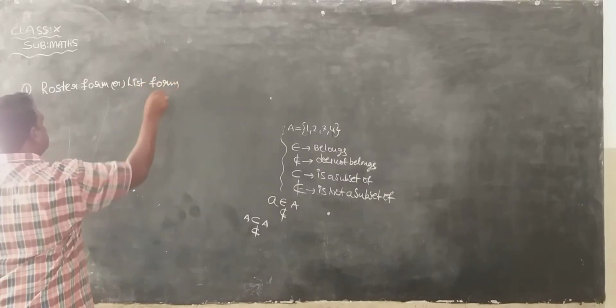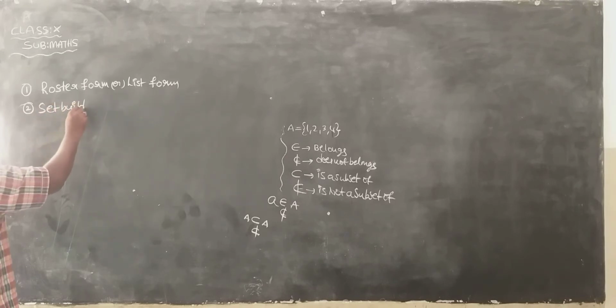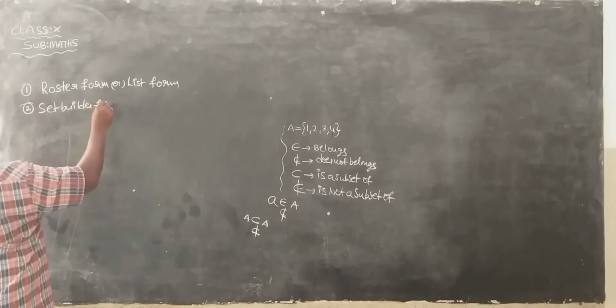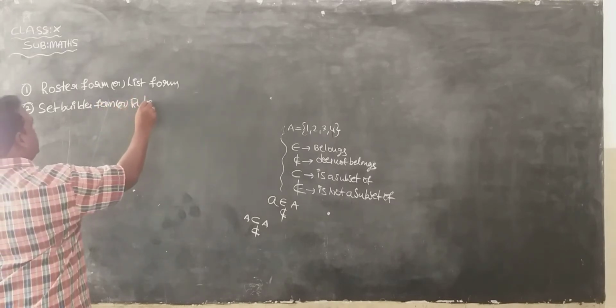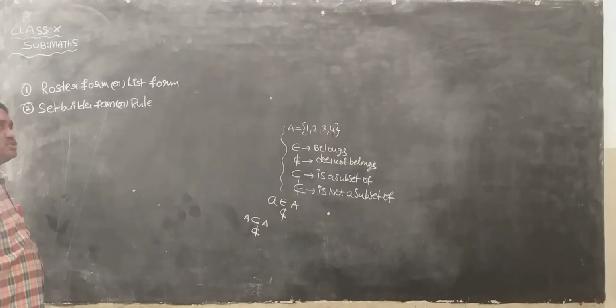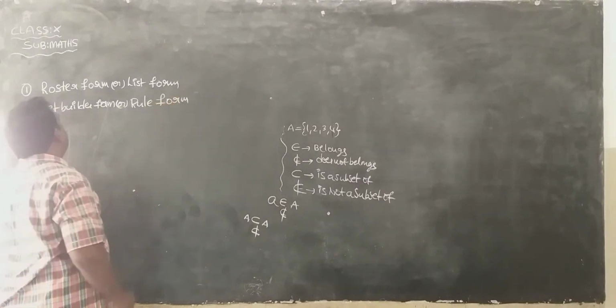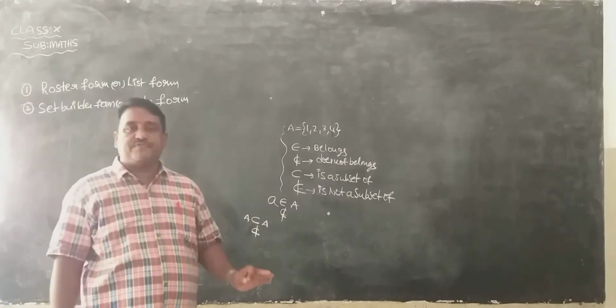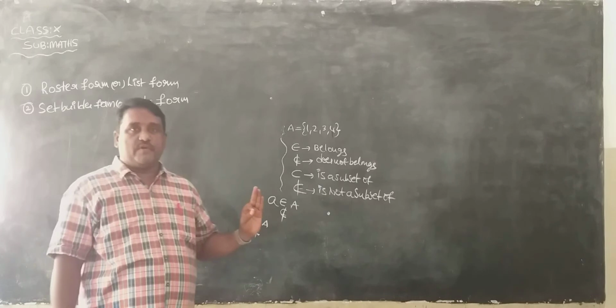Next, second one, set builder form or rule form. So we can write sets in two ways. Number one, roster form or list form. Number two, set builder form or rule form.